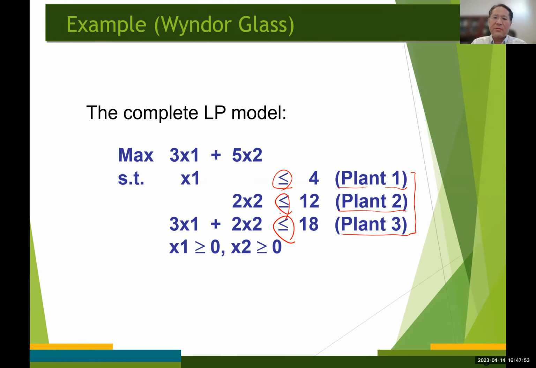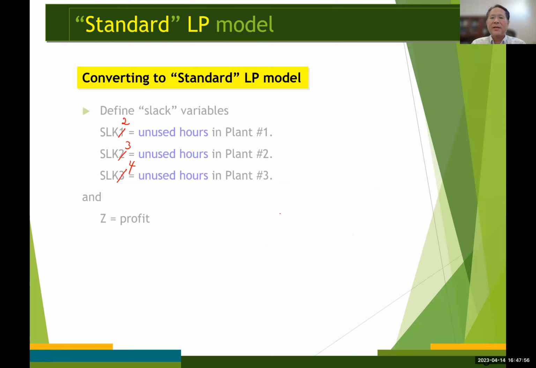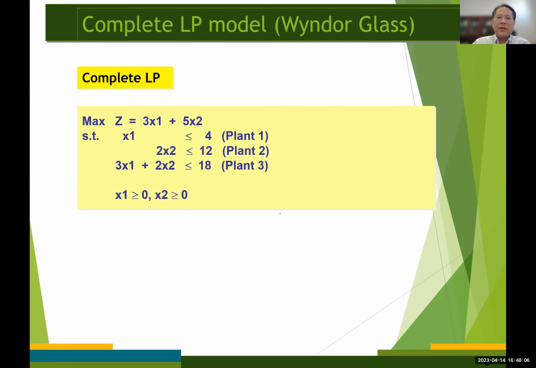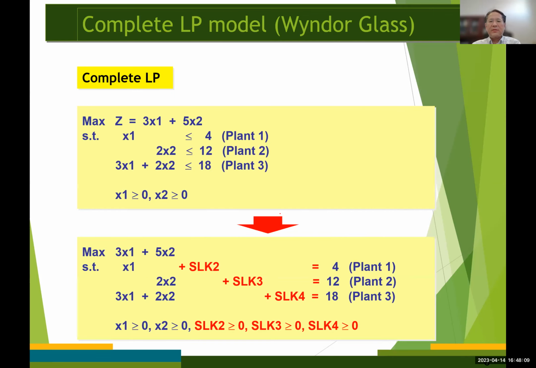So the slack variable is basically the amount of the resource unused in each constraint, okay? So in our example, we introduce 3 slack variables, slack 2 through slack 4, right?